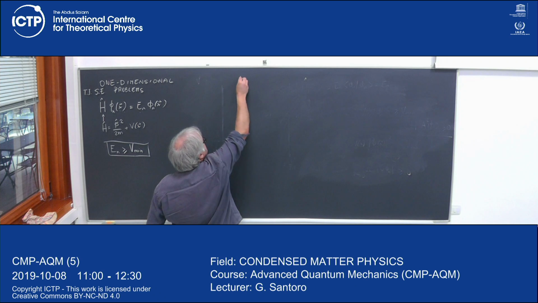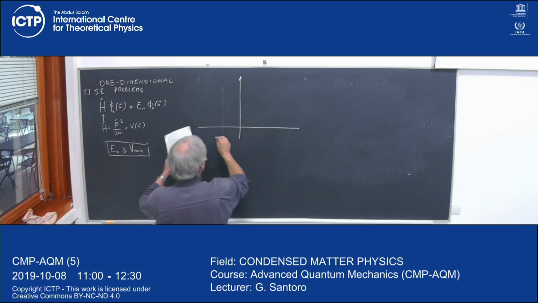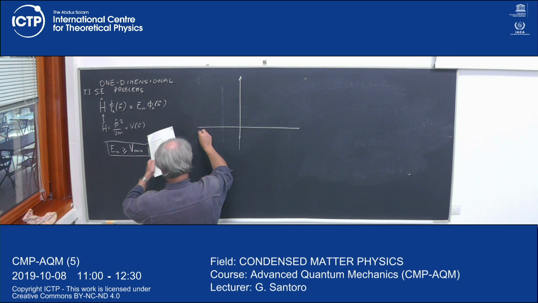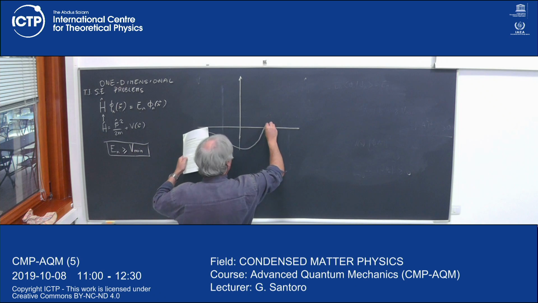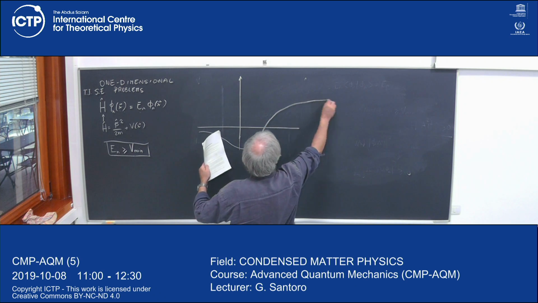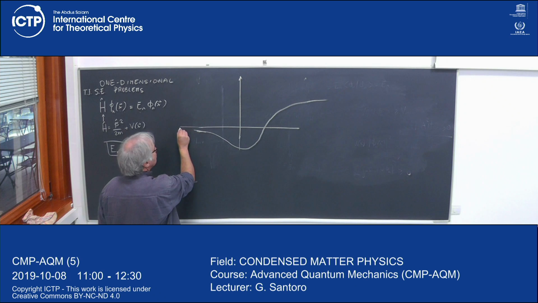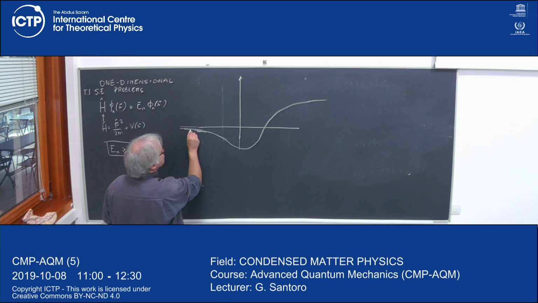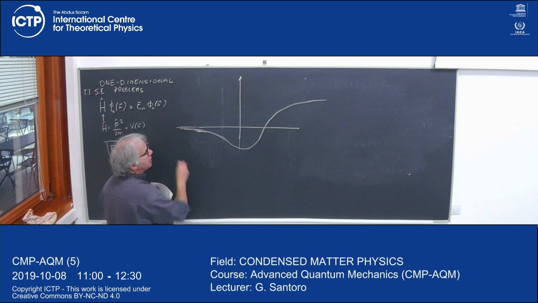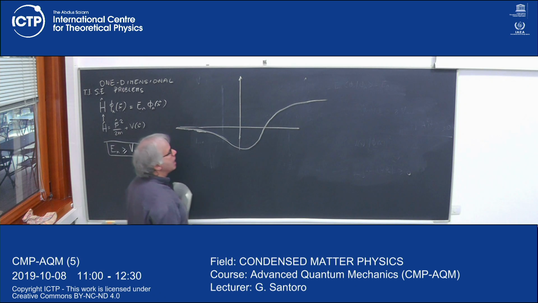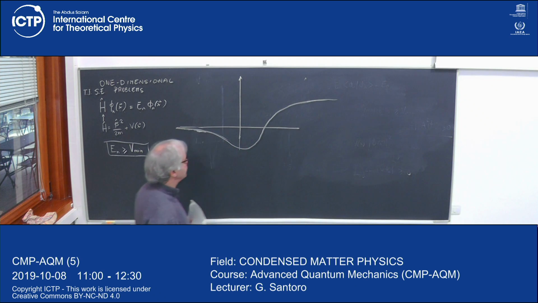For instance, let me just draw an example potential like this. So there is a potential that somehow here approaches 0, in this way, and here approaches another value.